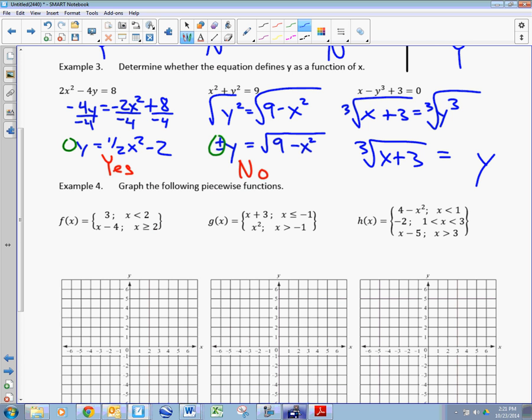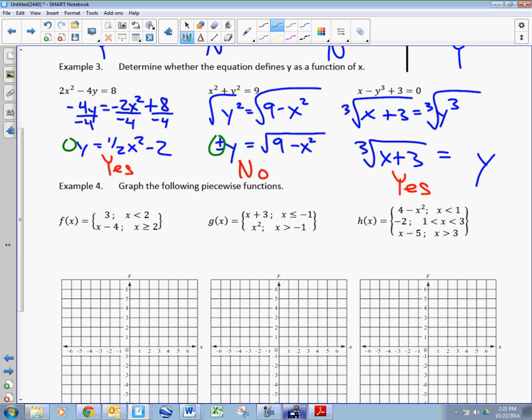When you cube root a positive, what do you come up with? A positive. When you cube root 0, you come up with 0. When you cube root a negative, you never come up with more than one result, do you? So therefore, in this situation, you can see that you have one result. So yes, this is a function.